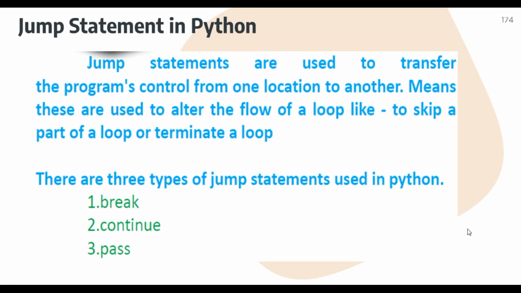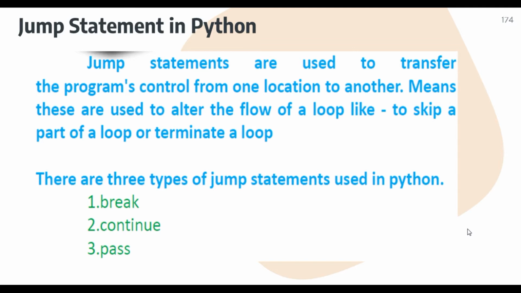Student, whenever we execute a particular compound statement or any loop statement in Python programming, it will terminate if the condition is false or if the whole loop has been executed.